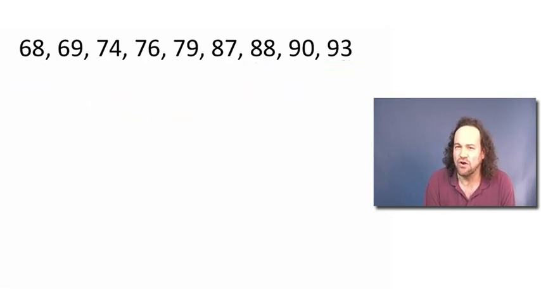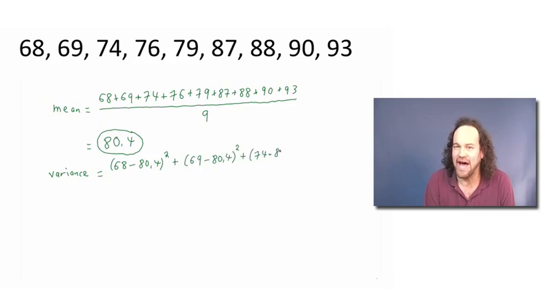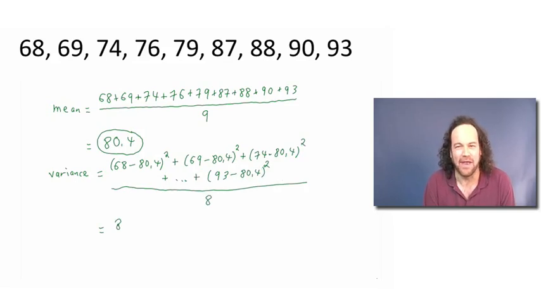Well, for starters, we have to compute the mean by adding up all 9 of those numbers and dividing them by 9, which is the total number of numbers. That gives us the mean value. Then we have to add up the squares of all the deviations from this mean value, divide it by 8, which is the number of numbers minus 1.